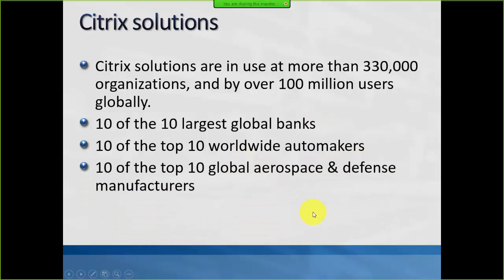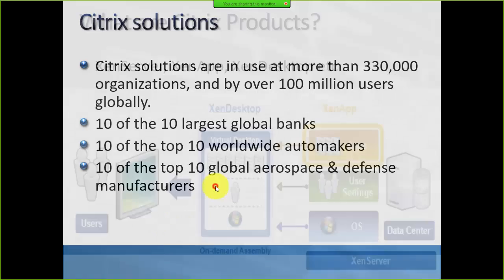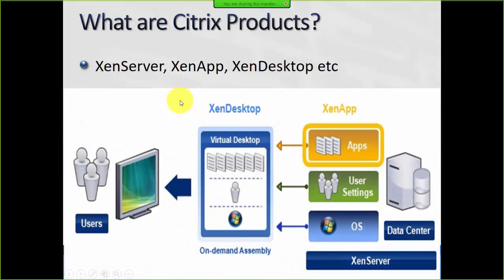Whichever banks I have friends in, they say yes, we have Citrix. If it's a large organization and they don't have Citrix, I would be wondering, you don't have Citrix? Why? But I'm getting there. 10 of the top 10 global aerospace and defense manufacturers are also using it.